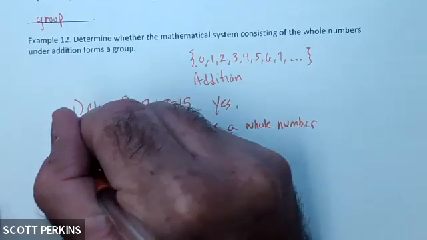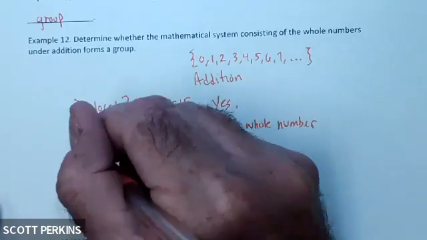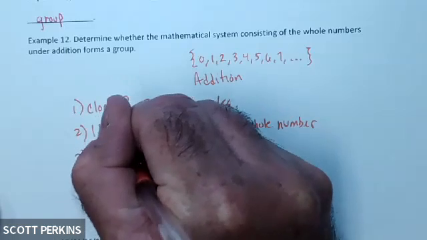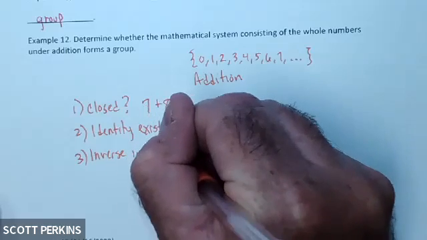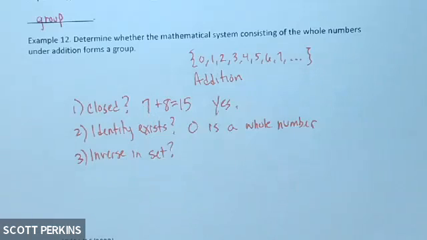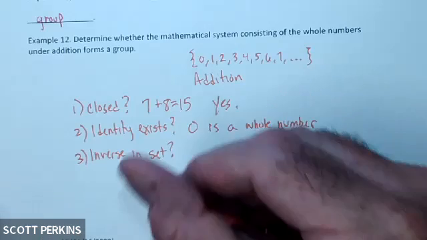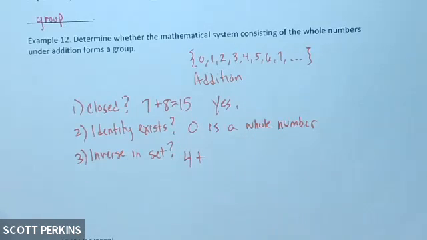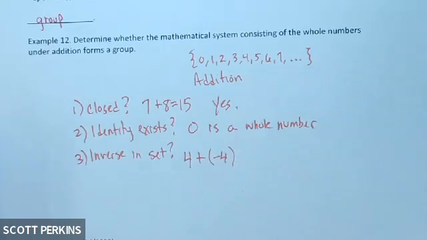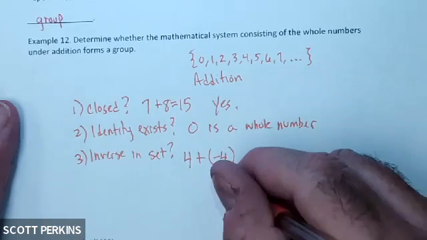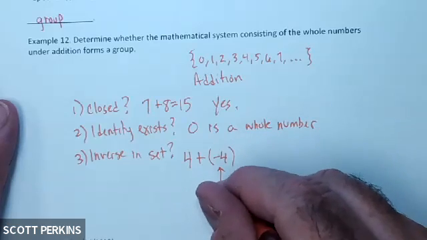Step 3. Every element has an inverse in the set. Well, pick a whole number for me. 4. We know for addition, what is the inverse of 4? -4. Is -4 a whole number? I'm just going to draw a little arrow. This is not a whole number.